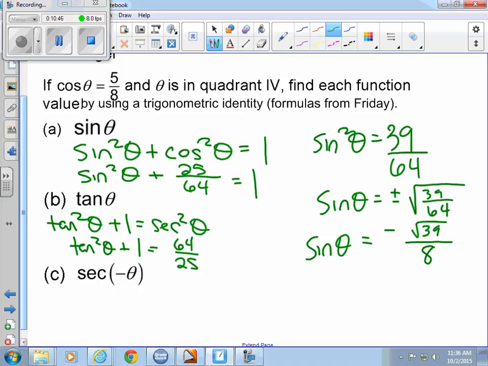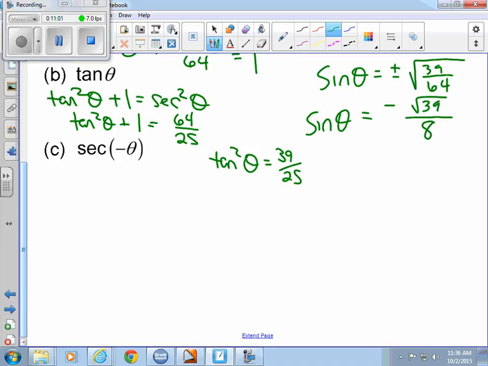What do we get when we subtract 25/25 from 64/25? 39/25. And then we will take the square root, we'll do a plus or minus. Are y'all okay if I go ahead and call that 39 over 5? Yeah.